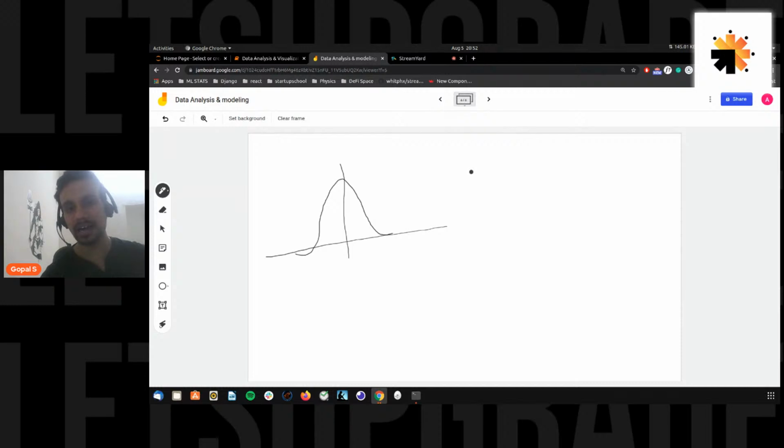Now I know the mean height for men in India is around 170 centimeters, and it varies by, let's say, 10 centimeters. Now I can tell that 68% of Indian men fall between 160 and 180.